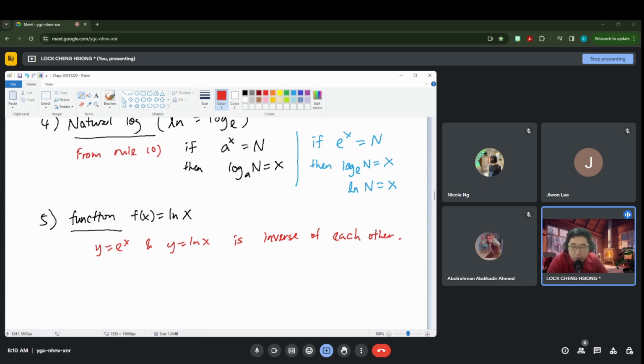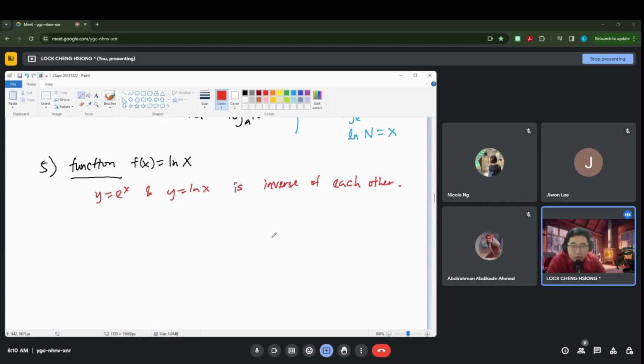From your P1, you already learned that if it's an inverse function, it will be a reflection under the line y equals x.